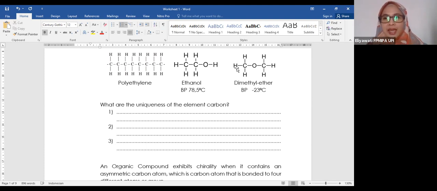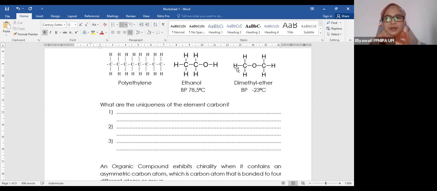When it reacts with another element, carbon will share the electron, not release or gain the electron. Carbon will share the electron to form the covalent bonding. So that's why the first uniqueness is it can form covalent bonding.